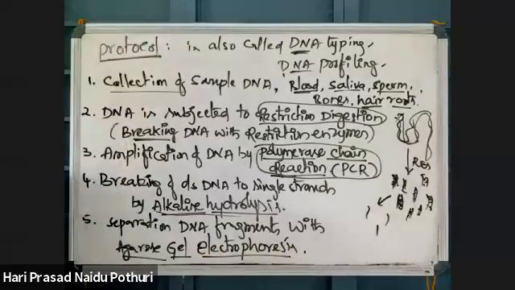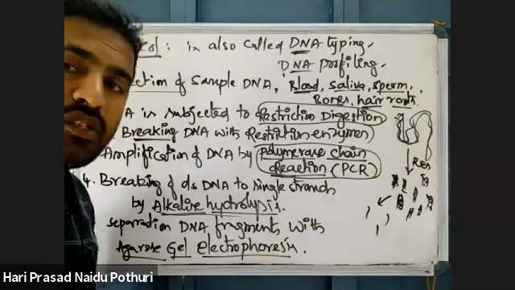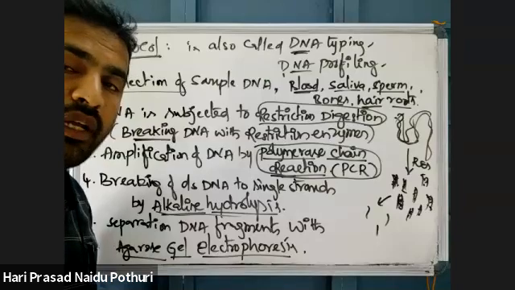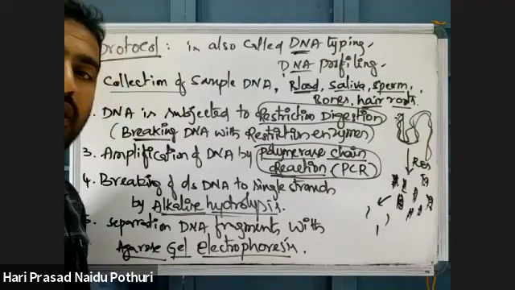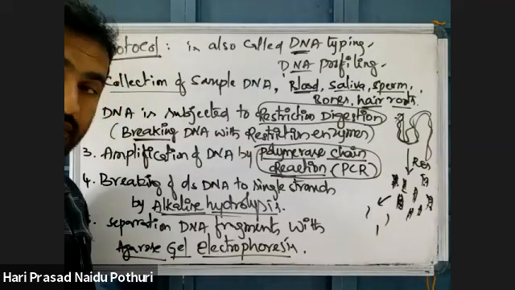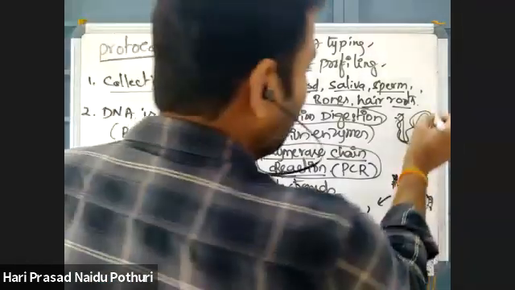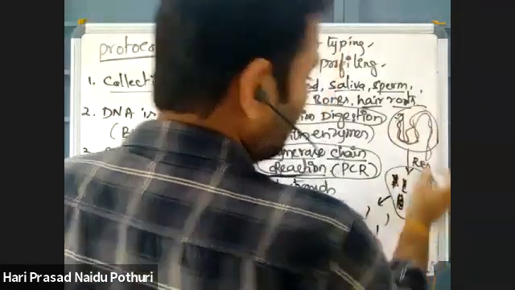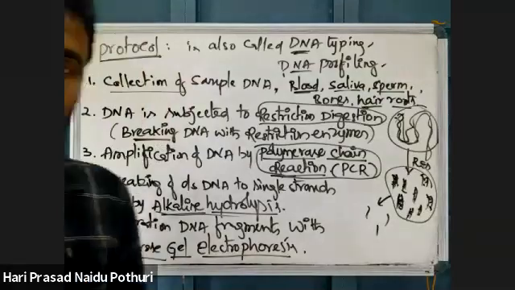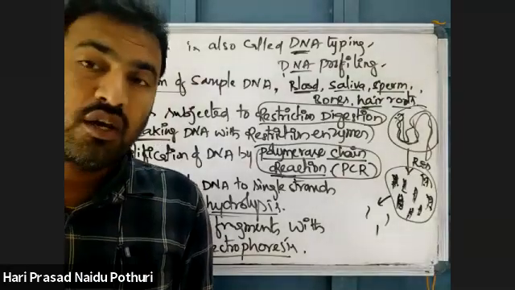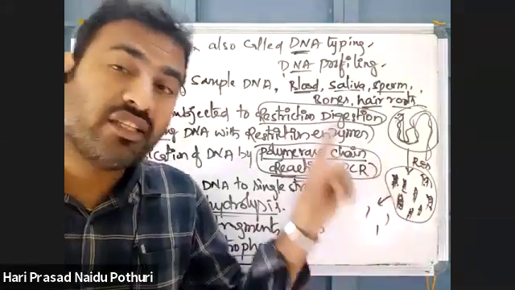In detail, we will study the methodologies of agarose gel electrophoresis, alkaline hydrolysis, polymerase chain reaction, restriction enzymes, and DNA isolation. In amplification, within a short time, a small fraction of DNA will be multiplied into millions of copies. Within 1 or 2 hours, we can multiply the DNA into millions of copies.